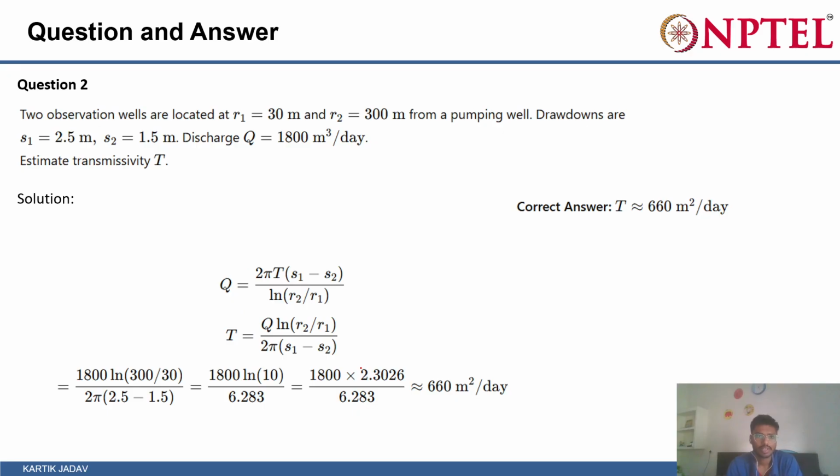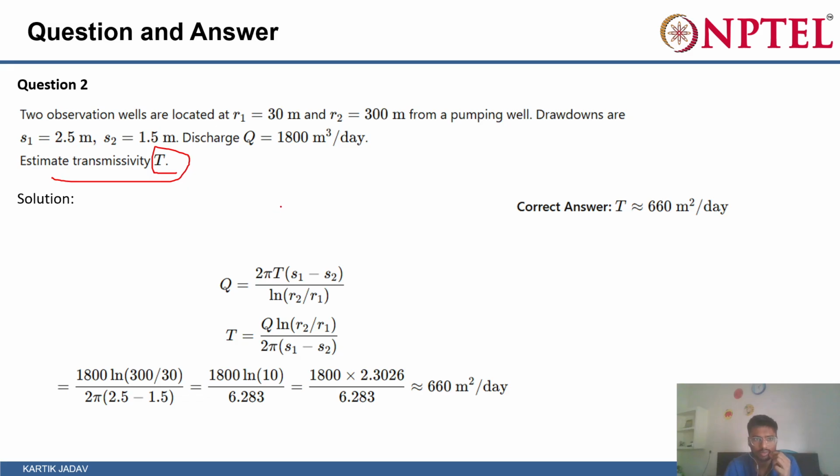Now, next question, question number two. Two observation wells are located at r1 equal to 30 meter and r2 equal to 300 meter from the pumping well. Drawdowns s1 and s2 are given as 2.5 meter and 5 meter, and discharge is given as 1800. In this case we need to estimate transmissivity.